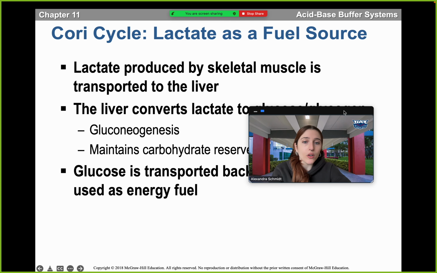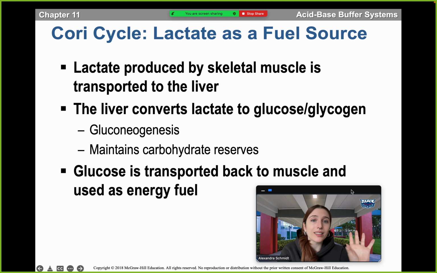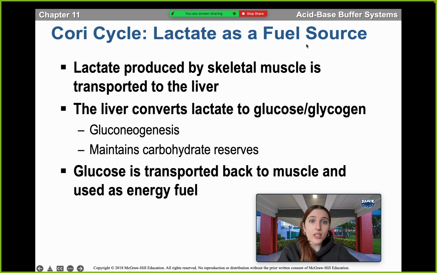We also know that the lactate can be pumped to the liver and converted back to glucose and used as a fuel source. This is called the Cori cycle. Lactate produced by skeletal muscle is transported to the liver. The lactate shuttle will pump it to the liver, and the liver will then convert that lactate to glucose or glycogen.